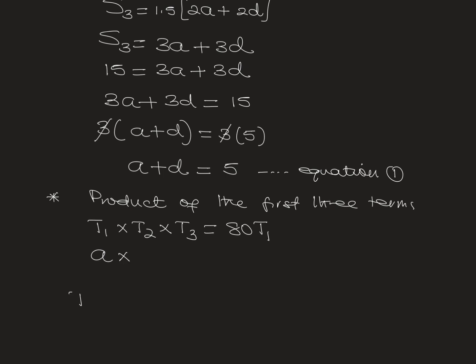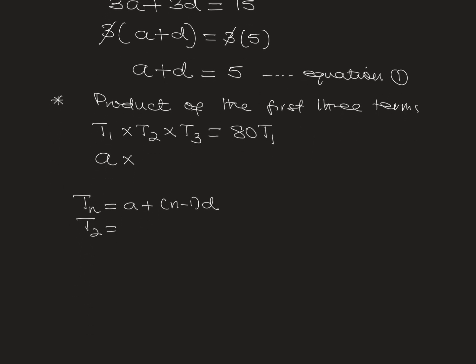T2, if you use this term formula, T sub n is equal to A plus n minus 1 times the common difference, T2 will be A plus 2 minus 1 times the difference. So T2 will be A plus 2 minus 1 is 1, so 1 times D is D. So the second term will be A plus D. That is multiplied by T3.